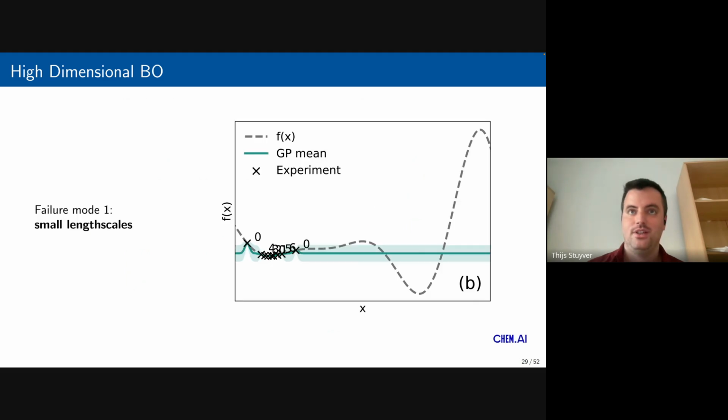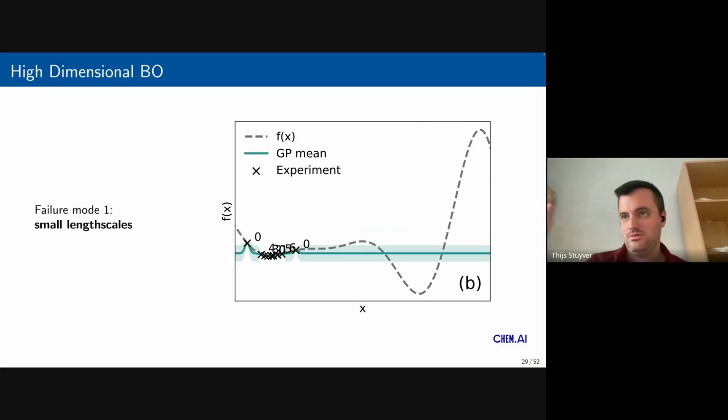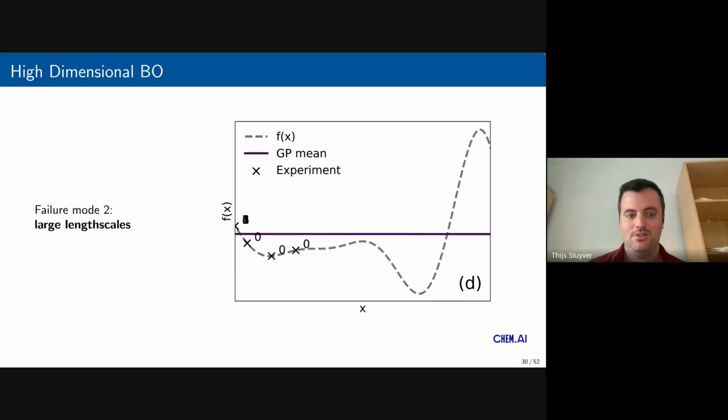And if you have length scales that are too small, then you just get a couple of really small peaks, and it's basically constant beyond that. If your length scales are too large, then everything just becomes completely flat.